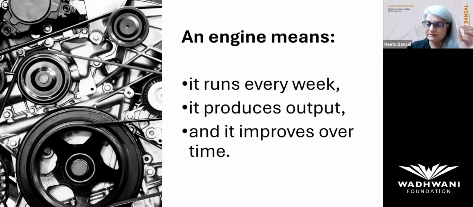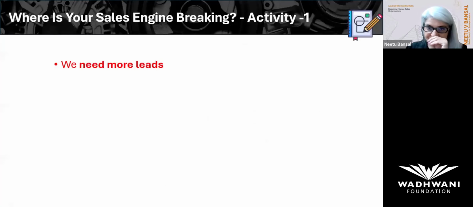And what is the output? Ultimately, it is sales happening in our business, revenue coming in. And the last one, which is very, very important, is that over time, it has to improve. That means we keep learning what is working and what is not working, and keep making improvements. For me, that is the meaning of an engine, and that's exactly what we are going to be building today.